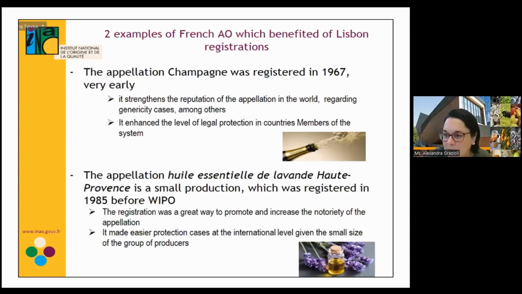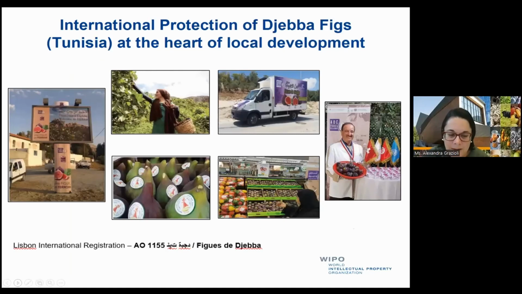And if you don't stop it, then you may have damage to the reputation of your product, or you may also at some point be prohibited from exporting your product with the use of your GI in those countries. So it is important to think of the widest possible protection, even if it's not a concrete export market for the time being. And the Lisbon system offers you that option.